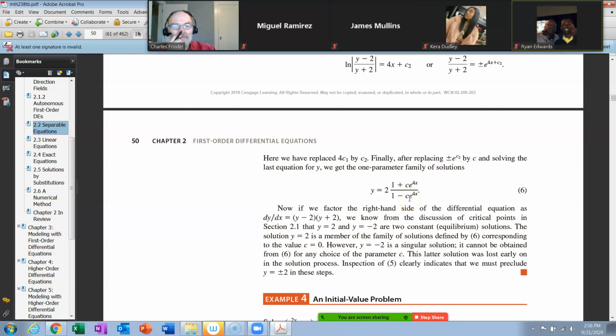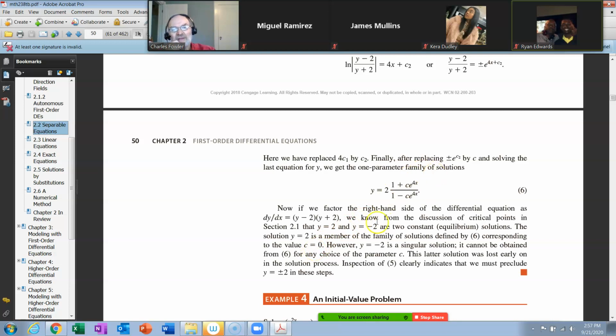would that work? e to the 0 is 1, that's 1 minus c. Not sure that would be a particularly good choice. Yeah, well, when y is equal to 2, it says for value c is equal to 0.